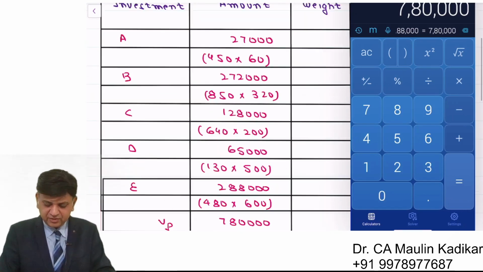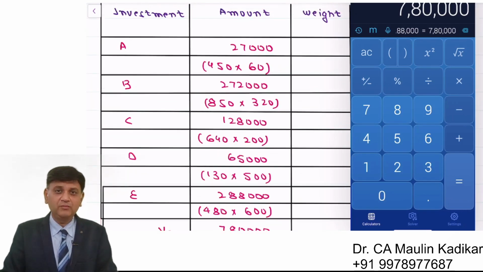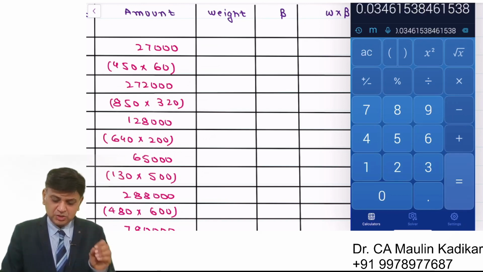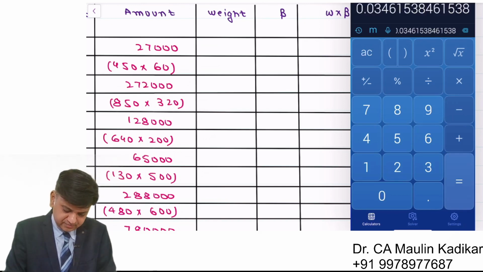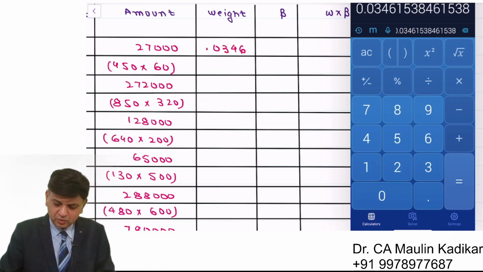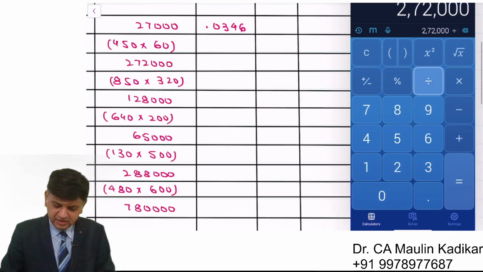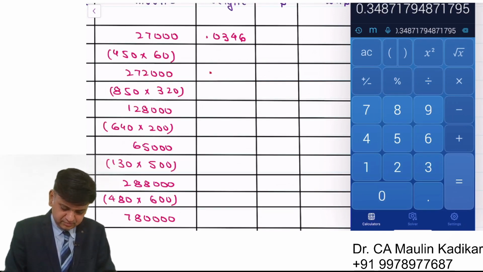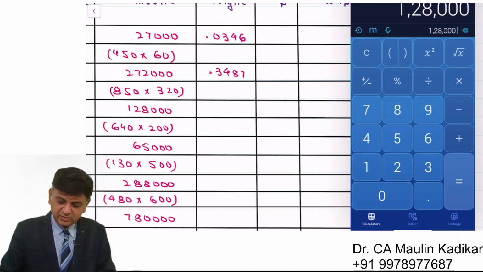Okay. After making calculation of the value of the portfolio, we'll compute the proportion in which the investment is made. So 27,000 divided by 7,80,000. So 0.0346. 2,72,000 divided by 7,80,000. 0.3487. 1,28,000 divided by 7,80,000.